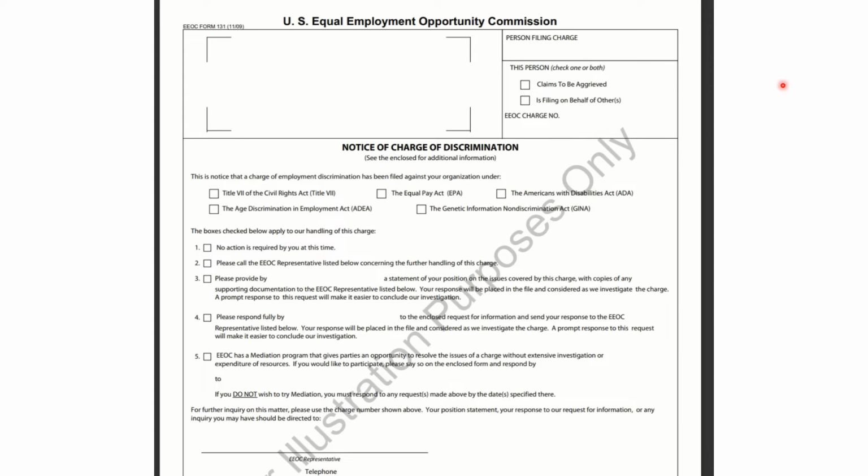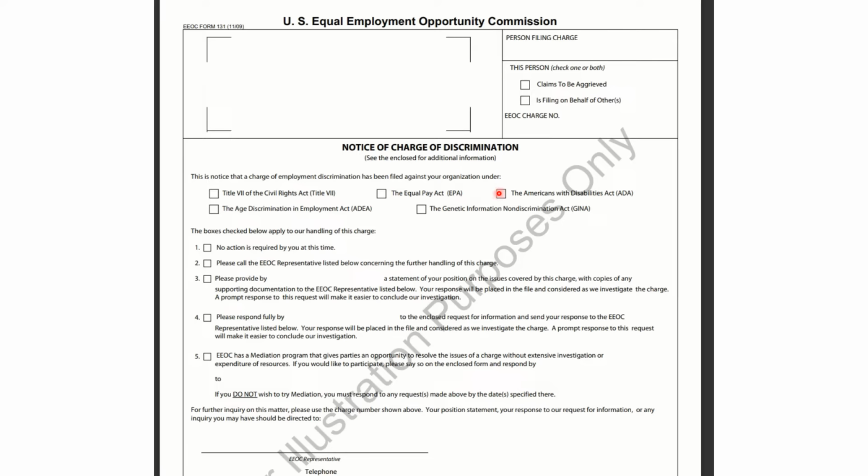So let's look at the notice of charge of discrimination form. The complainant will complete this and submit it to the EEOC. Now let's look at the boxes that are available to make your employment discrimination charge. You want to check each box that is applicable to you.